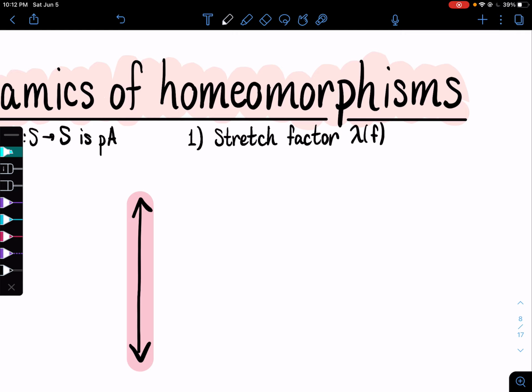I would call this some fine geometric data that we can get about our homeomorphism. What else could we do? Well, we could also consider the way that this homeomorphism acts on other spaces. So for example, we could consider the translation length on Teichmuller space.